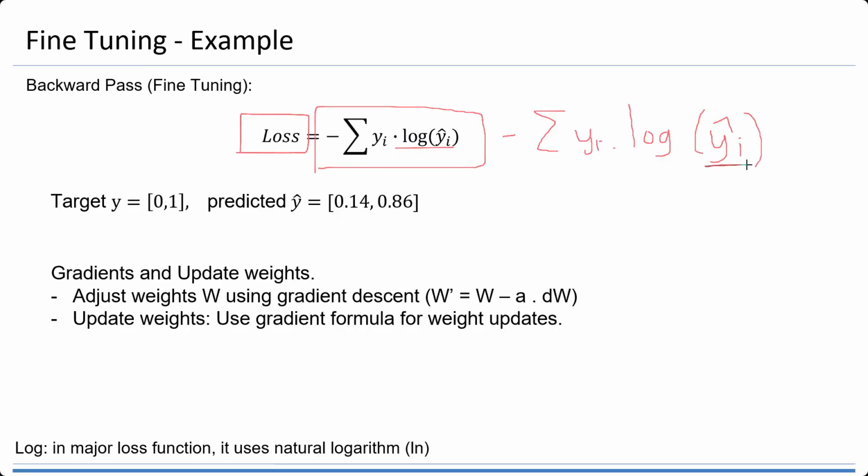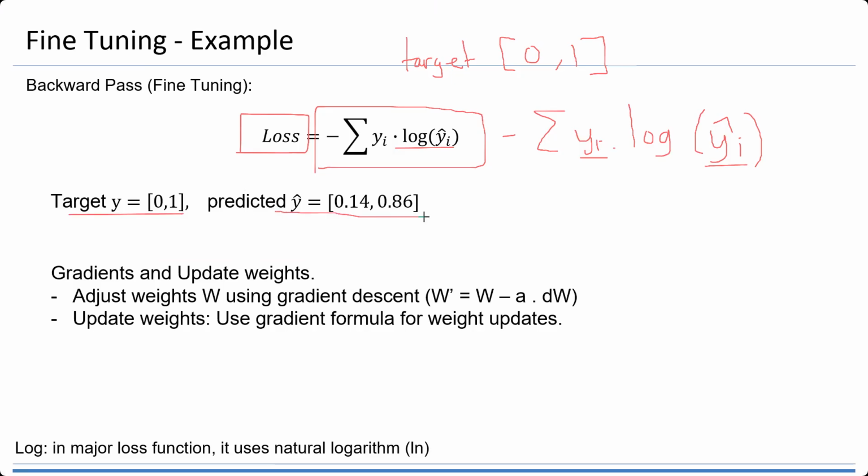Y hat is the predicted value, and yi is the ground truth, or the target that we want to check. In this case, we know from the previous example that the target is 0 and 1.